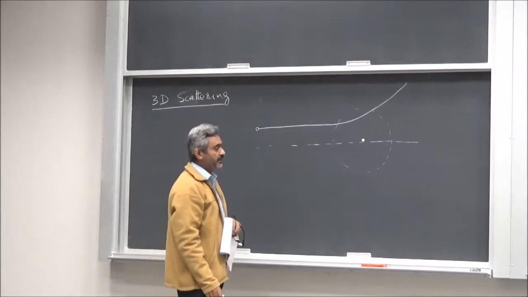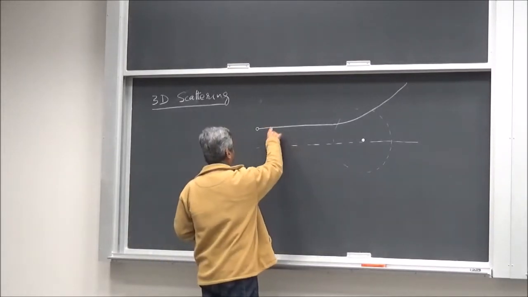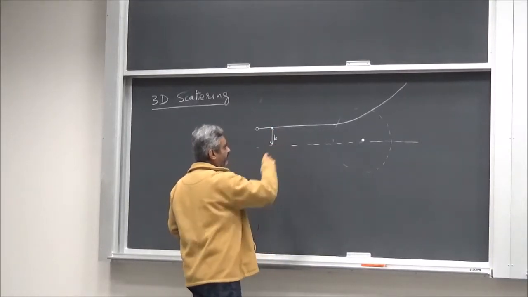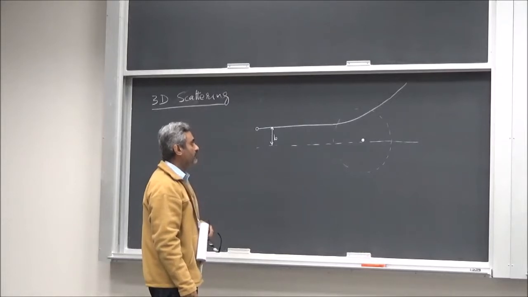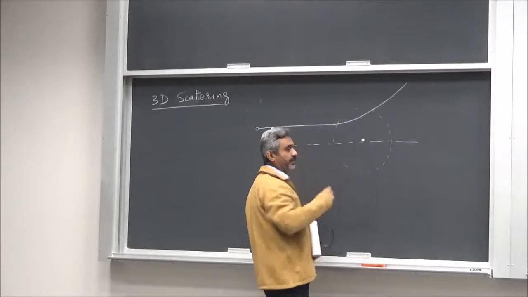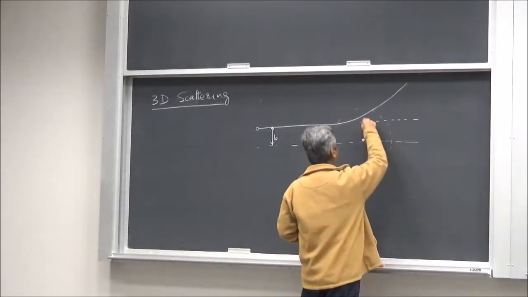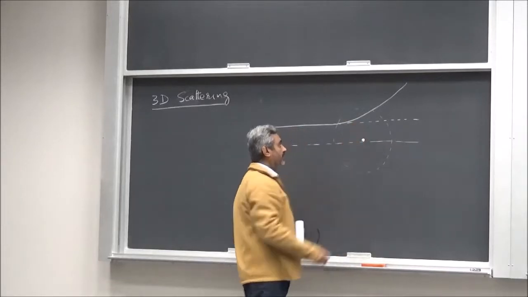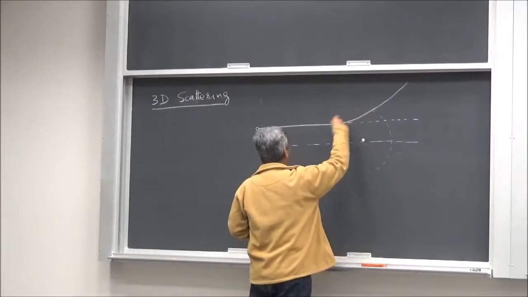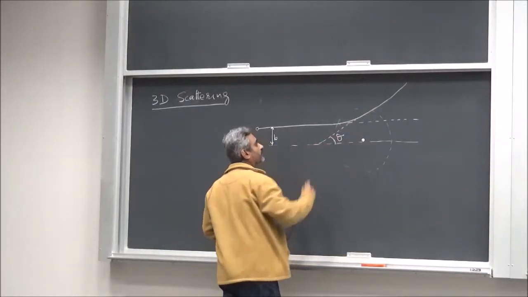That's classical scattering. Your job is, given b, which is the impact parameter, how close you would have gotten to the scattering center had there not been any scattering. So this is b, the closest you would come to the scattering center had there not been any scattering. Given b, your job is to find this angle theta.